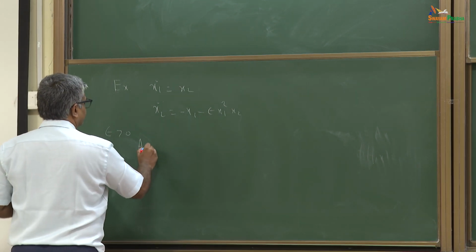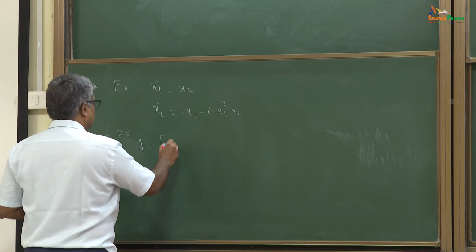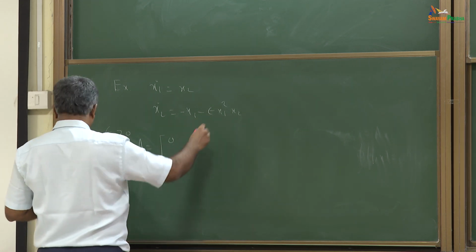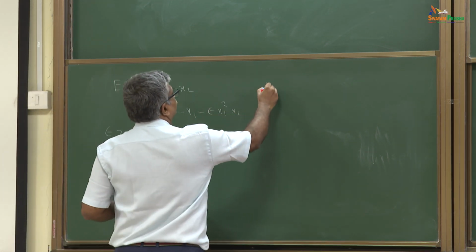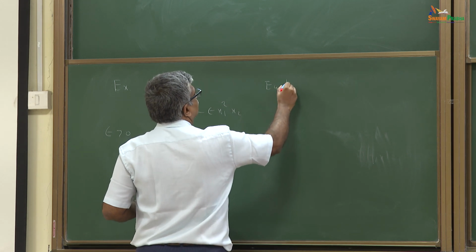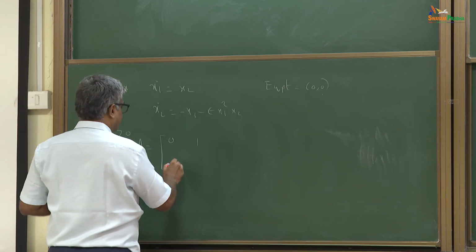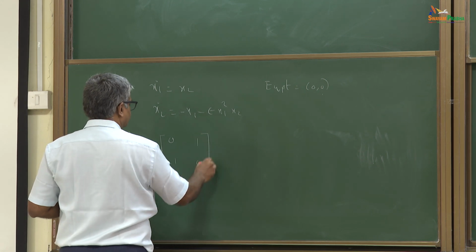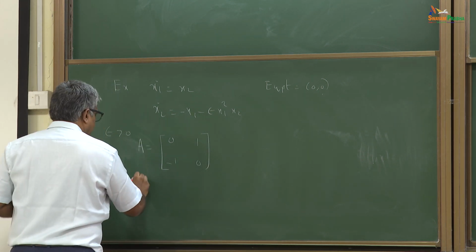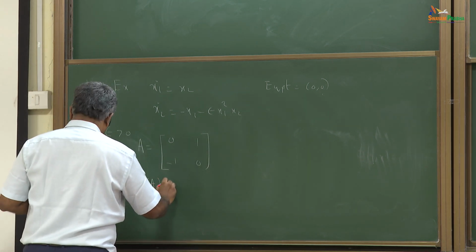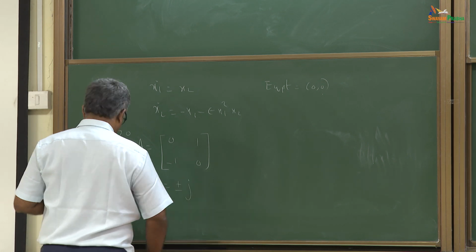If you do the linearization, the only equilibrium point is 0, 0. So the A matrix is 0, minus 1, 1, 0. The eigenvalues of A are plus or minus j.